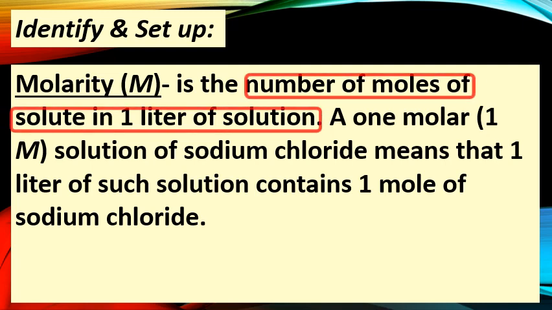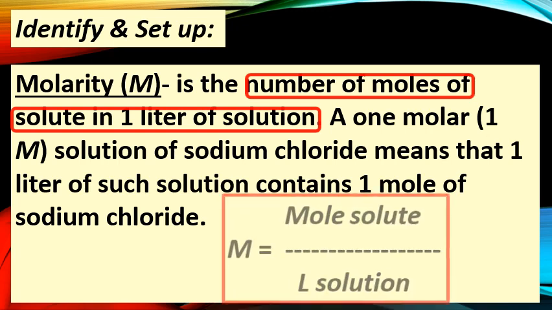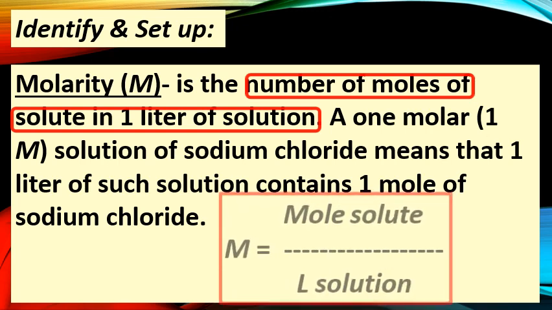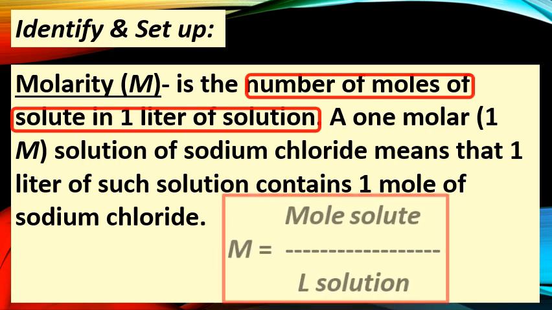Then you now have a 1 molar sodium chloride solution. The formula for molarity is capital M equals mole solute divided by 1 liter solution.